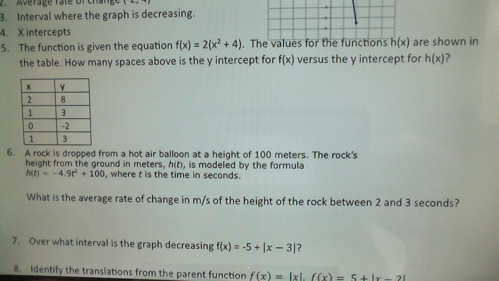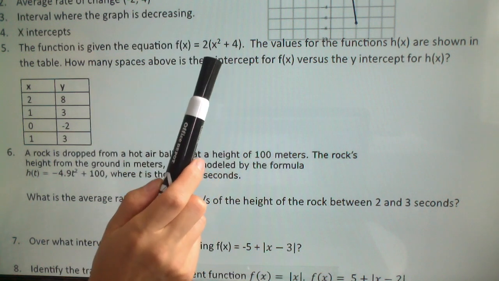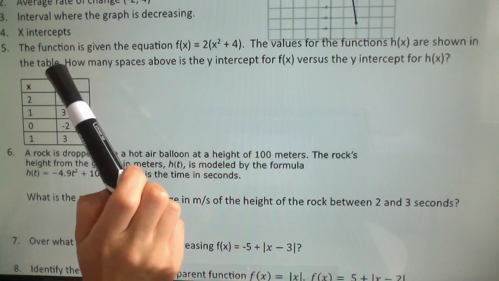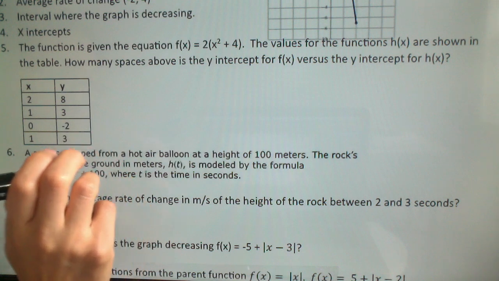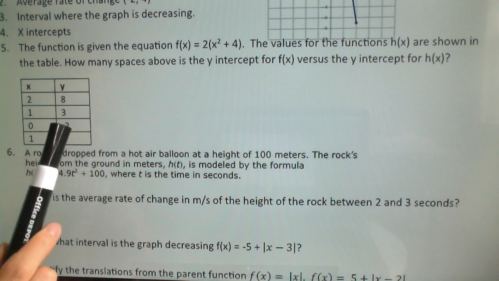Number 5. So let's also understand the question first. So what do we need to do? First, we need to find the y-intercept of f(x) and find the y-intercept of h(x), which is in the table.